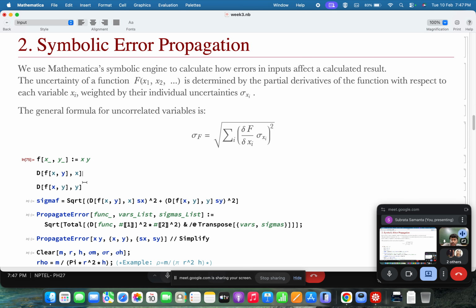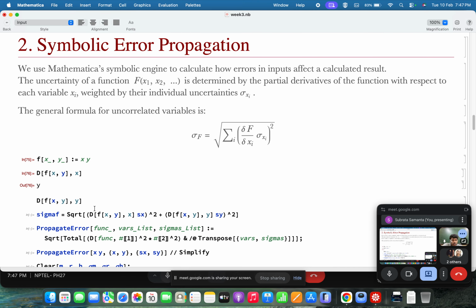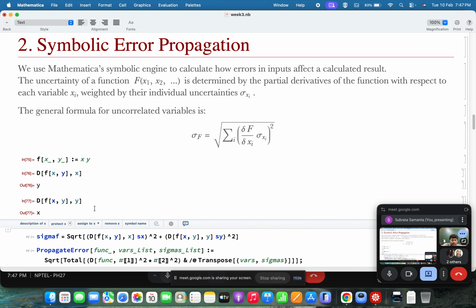If you calculate the first derivative with respect to x, can you tell me what that is? It is y, because the remaining one is y. If we differentiate with respect to y, then it is x.